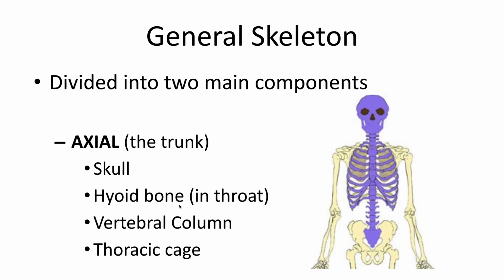And when you do that, you see that there are 2 main compartments. There's the axial portion of the skeleton, or the trunk of the skeleton. This is basically the body without the appendages, which is the next section. This includes the skull, the hyoid bone, like we discussed, the vertebral column, and the thoracic cage.